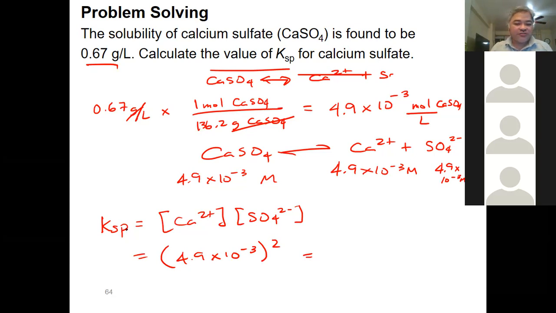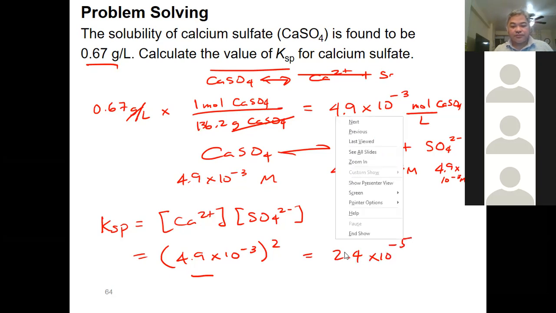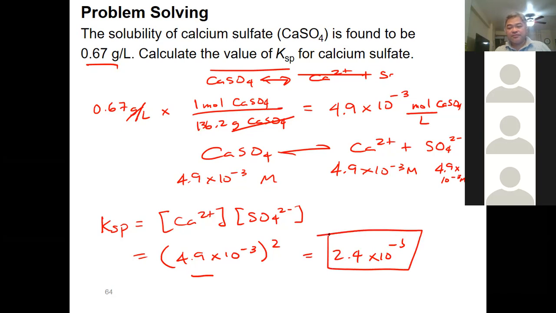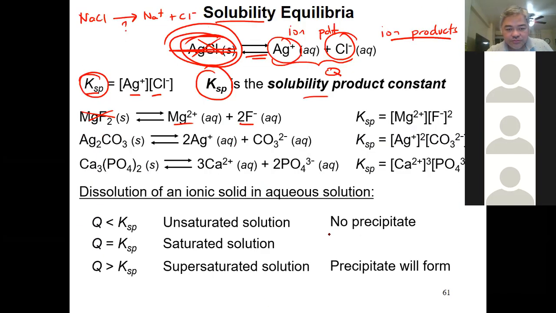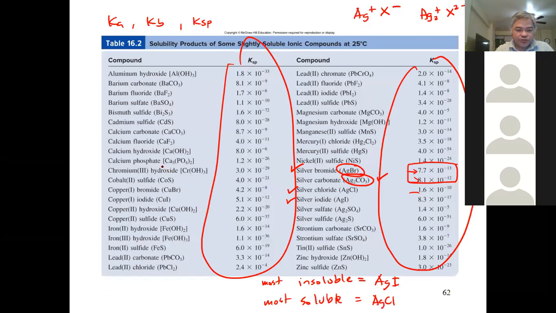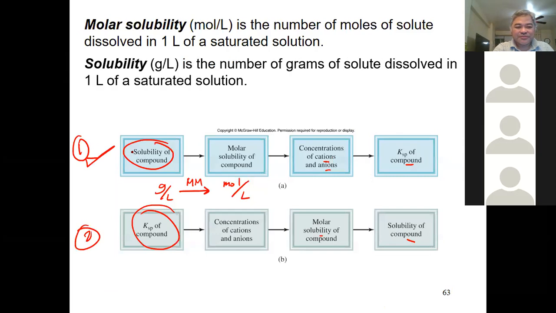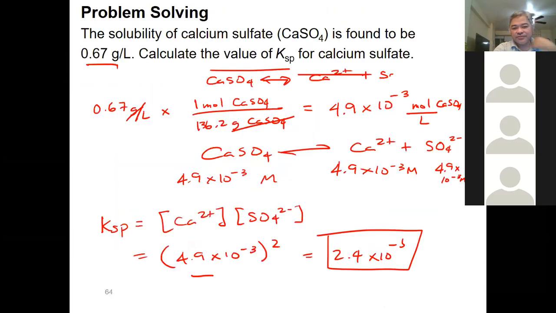Ano makukuha natin sa number na to? 2.4 times 10 to the negative 5. So yan yung KSP. Let's see. Is it here? Wala. Walang calcium sulfate eh. So that's how you get the KSP.